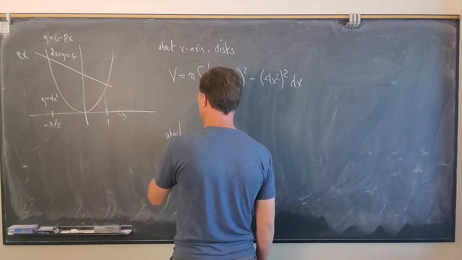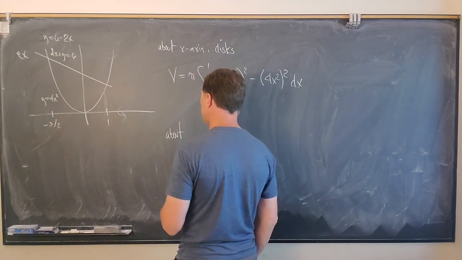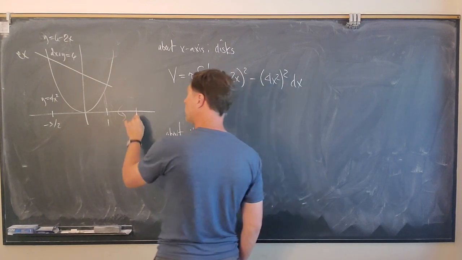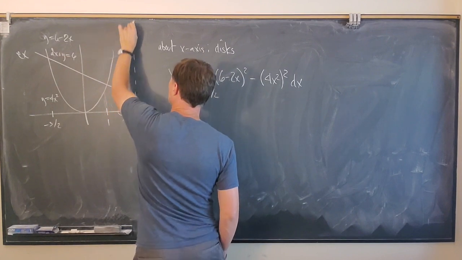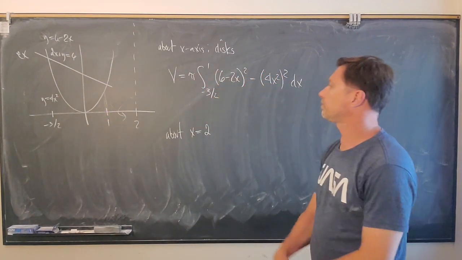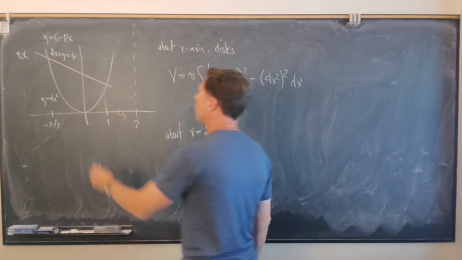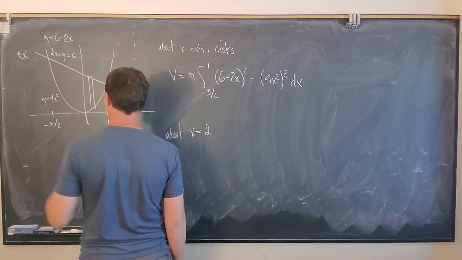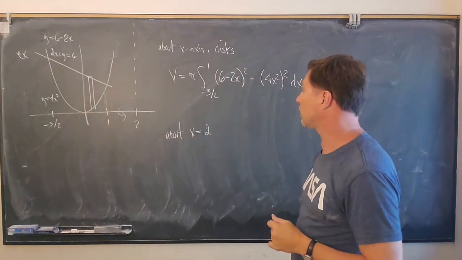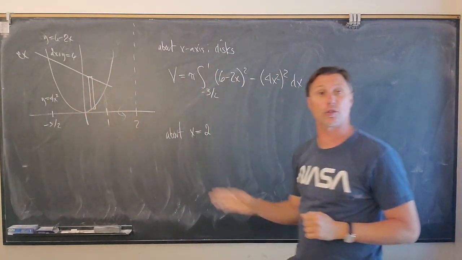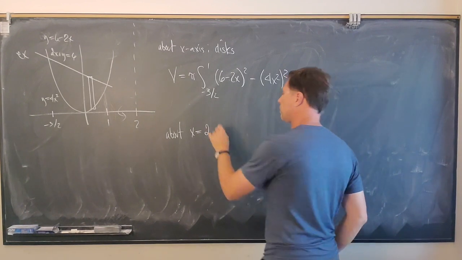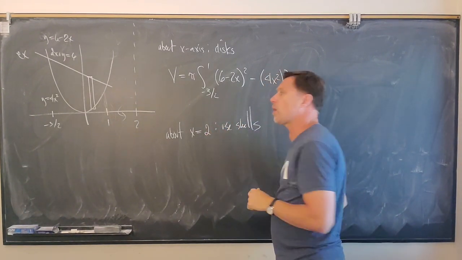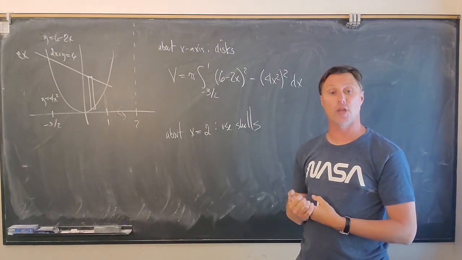Now, what I'd like to do is change things up a little bit. So now let's revolve about the line x equals 2, which is the line over here. Now, if we take an approximating rectangle like that and revolve it about the line x equals 2, it still generates a cylindrical shell. So we're going to use the shell method. And now, since we're not going about the y-axis, we need to see how things adjust.